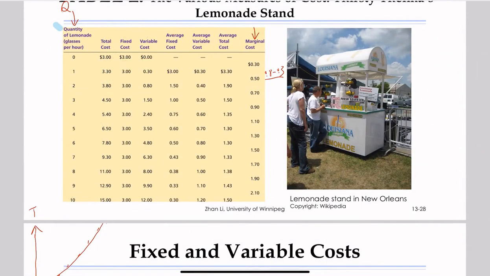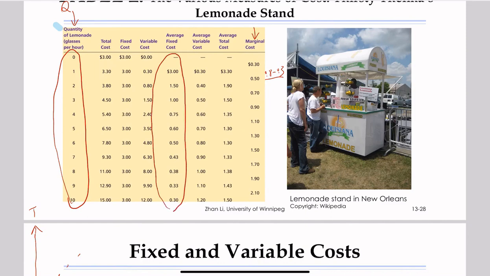What you need to do is just draw the quantity on the horizontal axis. And if you want to find out the average fixed cost curve, then you just draw these numbers on the vertical axis.